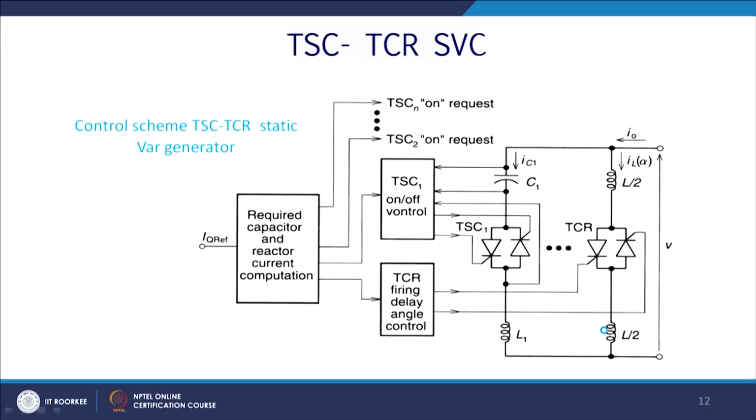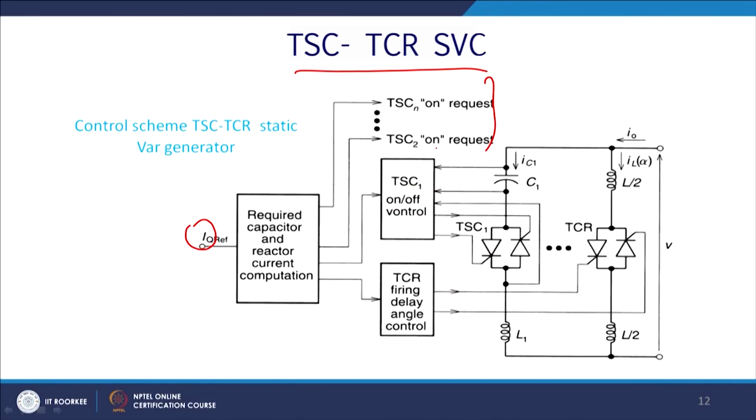So, this is the scheme of the TCSC TCR SVC. You have n such TCSCs and you require the IQ ref. So, you can find out what will be the number of such elements, 1, 2, 3 to 7 required, and for this reason you will turn those on. So, 1 to n.